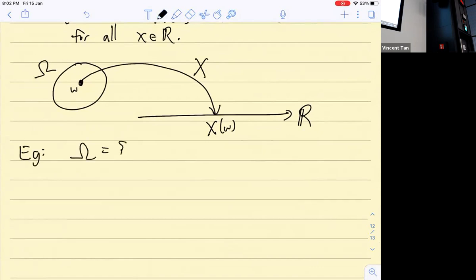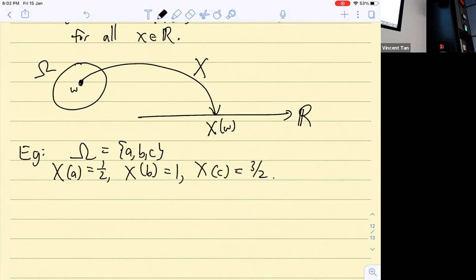Omega has three objects, A, B, and C. A three-sided coin, if you wish. And our function looks like this: X(A) is equal to 1/2, X(B) is equal to 1, and X(C) is equal to 3/2. Let's say this is a legitimate random variable. It's a function that brings us from the sample space to real numbers.